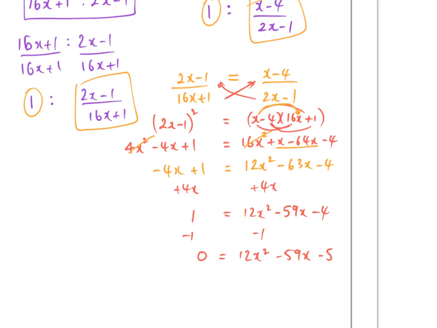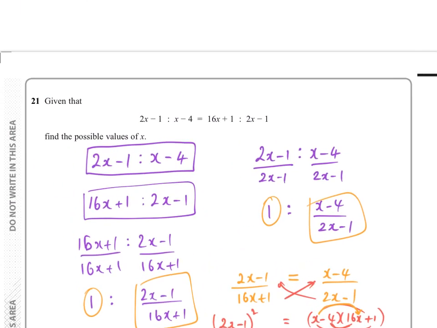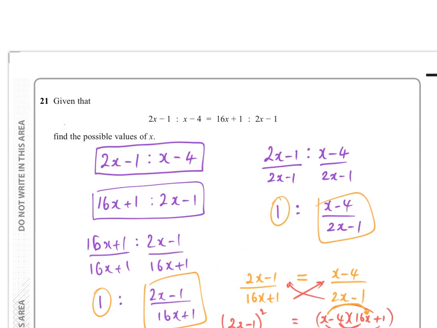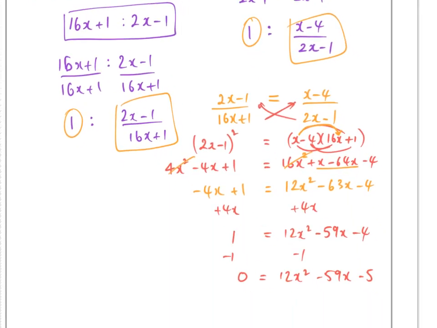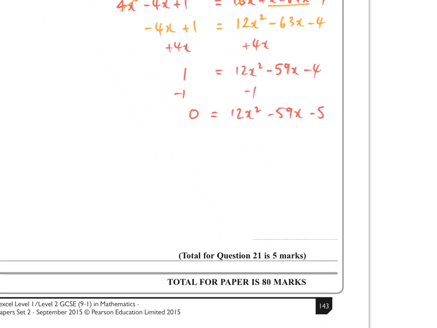Now I think that's quite difficult, because it does say here find the possible values of x. So we've got a quadratic. We're hoping that we're not going to have to use completing the square or the formula. So I'm going to check out the factors of 12 and then the factors of 5, thank goodness, are just 5 and 1.